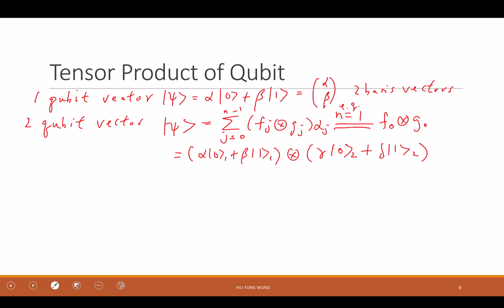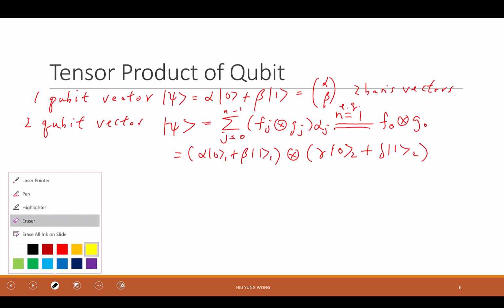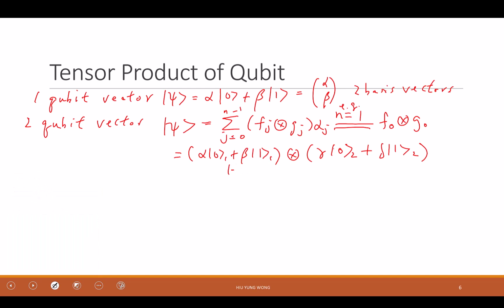What does it mean? The first space and the second space, maybe the first electron, second electron, first ion, trap ion, second trap ion, right? So let's just call it H. H1, this is H2. Is this okay?